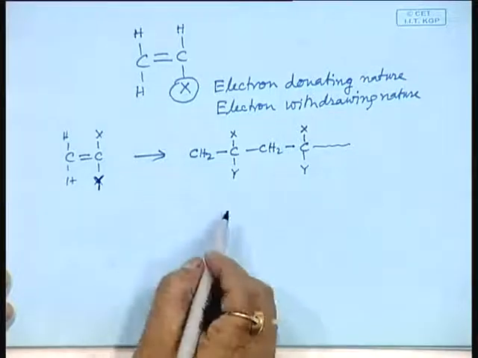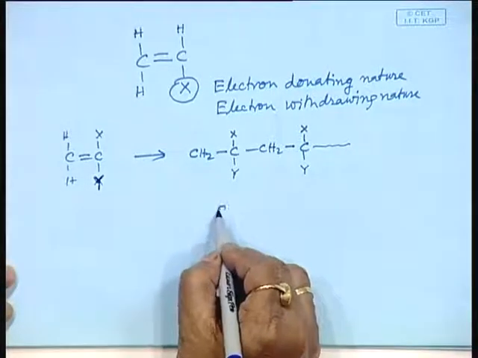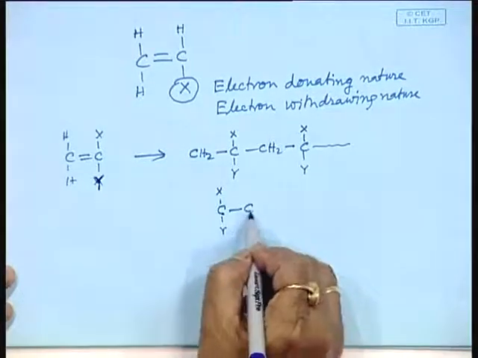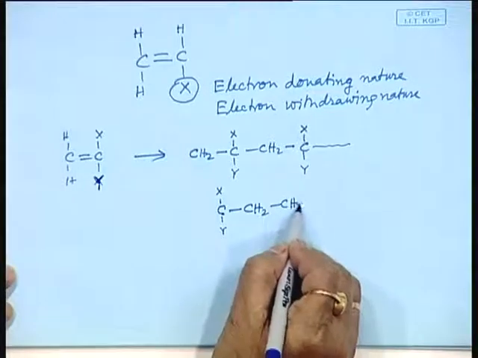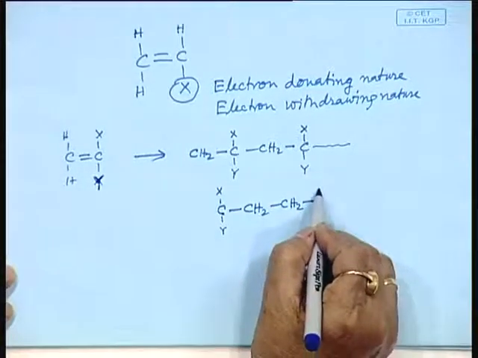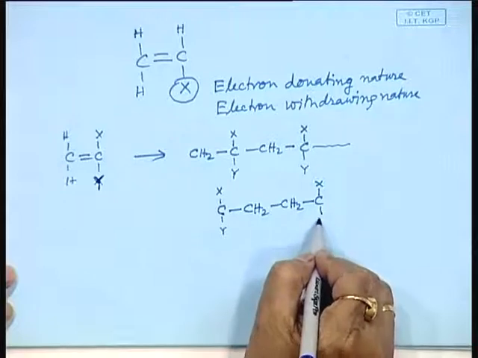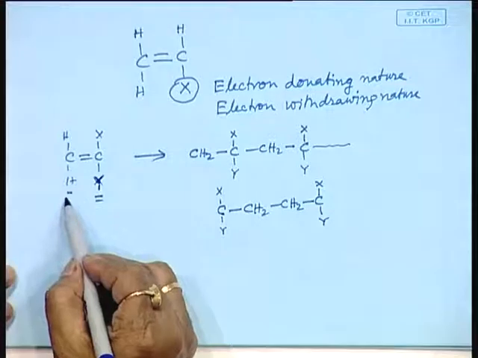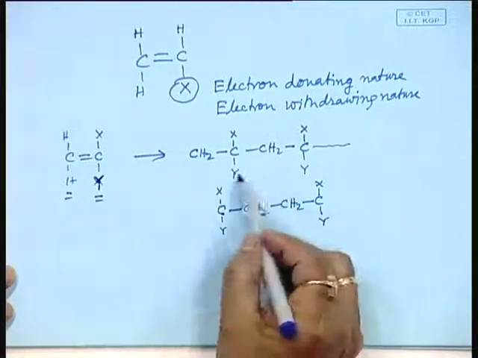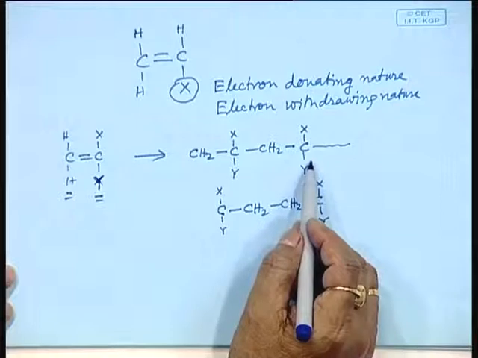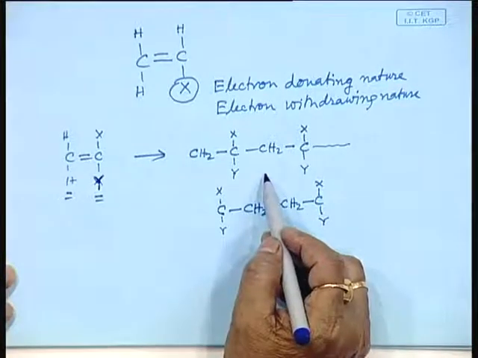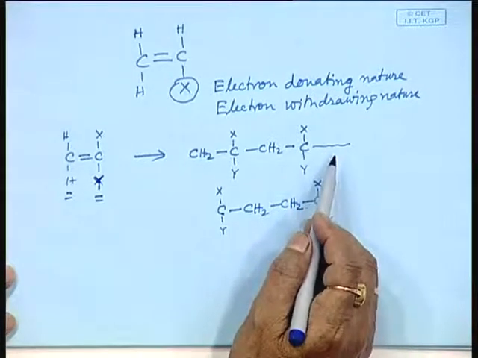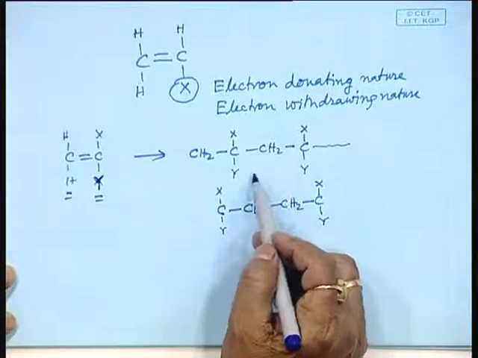This is a kind of growth, or it can so happen that if you consider this as head, this consider it as tail, then this kind of combination during the propagation of the monomers to form a polymer, that is known as head to tail addition.